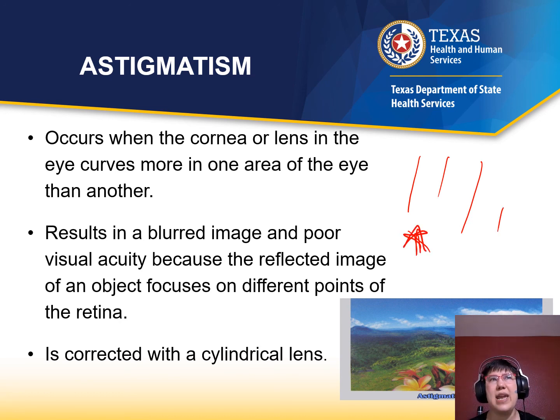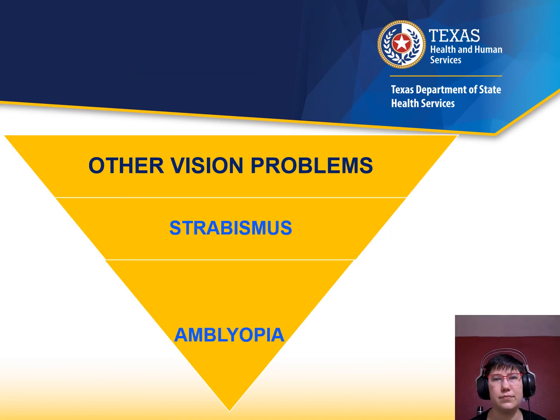So for me, if I'm parked and I look out and I close one eye, one of them is more of a starbursty pattern and the other one is more of a straight line. And that's how my astigmatisms are.